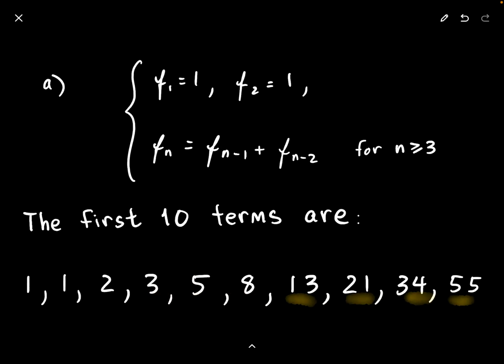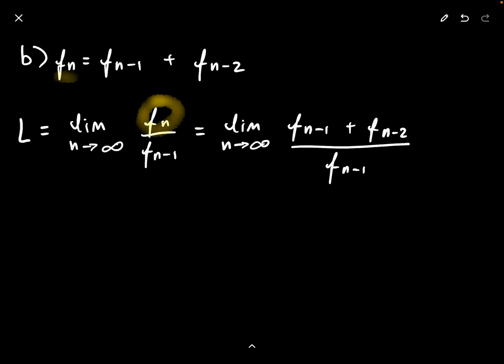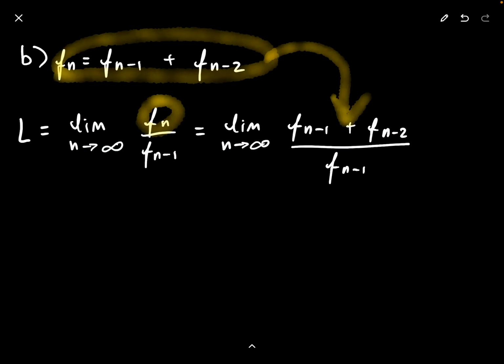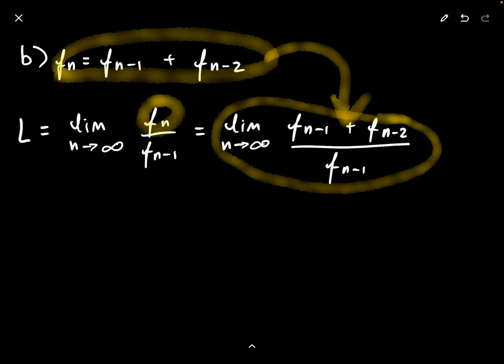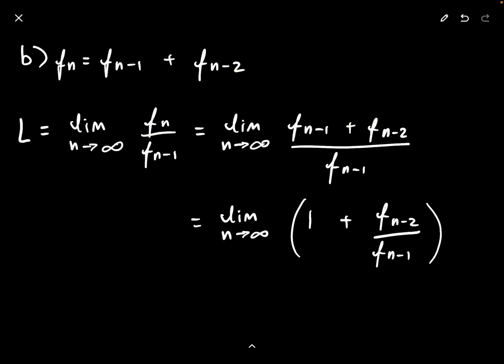For the second part of the problem, we want to show that the limit as n becomes large of the ratio of successive terms in the Fibonacci sequence will converge to a limit L, and that number will be the golden ratio. So first we'll rewrite f_n using the recursive definition. So L is equal to the limit as n becomes large of f_(n-1) plus f_(n-2) over f_(n-1). Then we can divide the two terms in the top by f_(n-1) in the denominator.